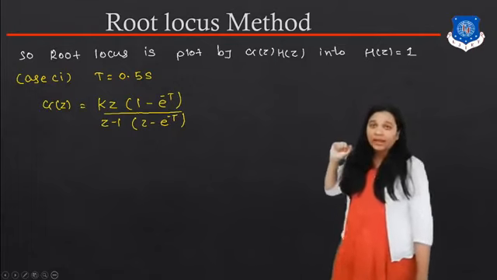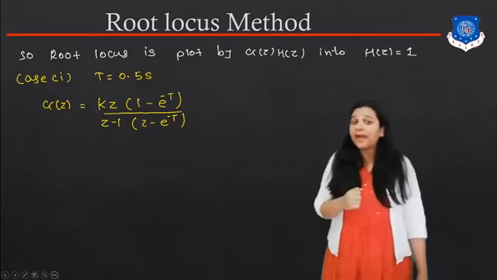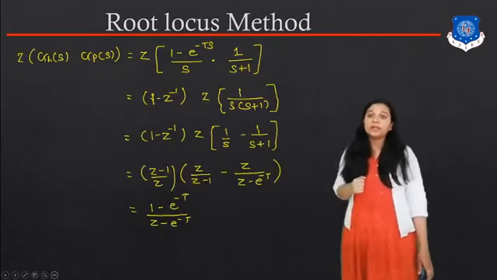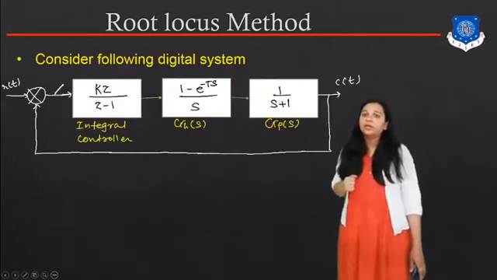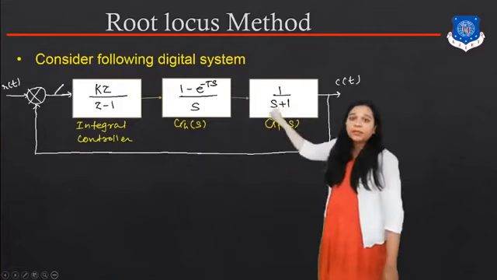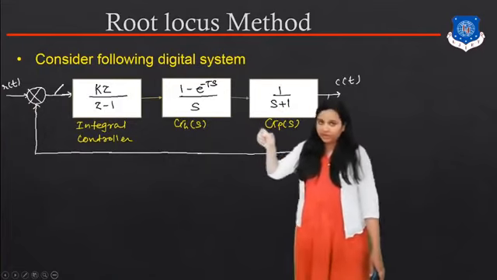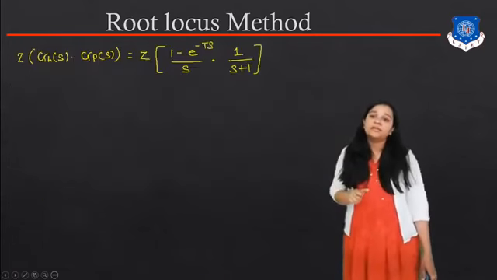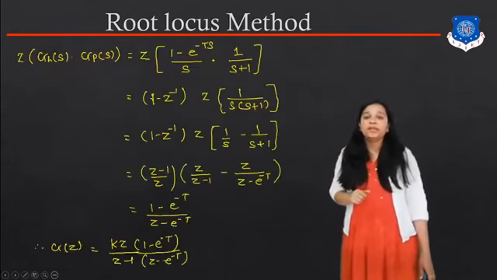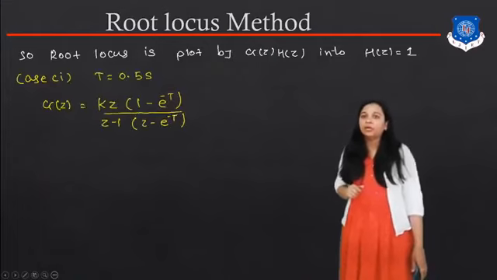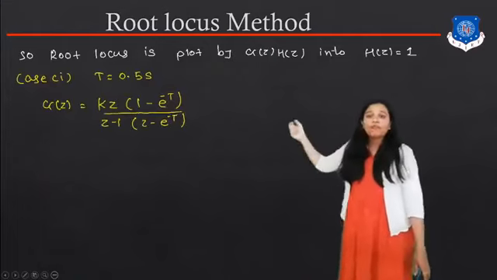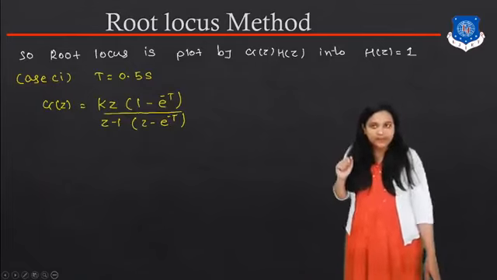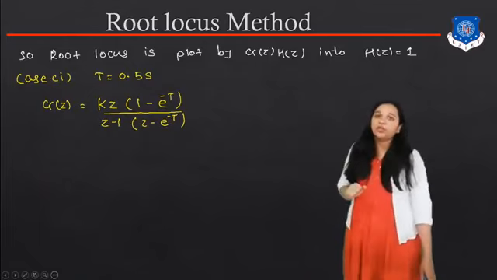What is t? As we discussed earlier, t is our sampling period. In the block diagram, after the summing point, a switch is given, so a time is given. We can consider t equal to 0.5 seconds. Okay, so put the value t equal to 0.5 seconds in this equation of g of z.